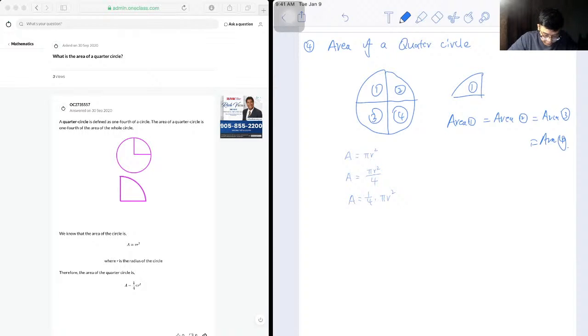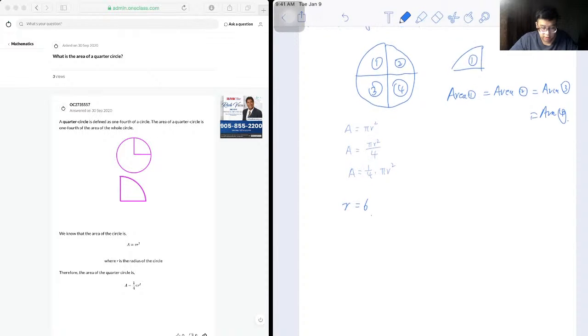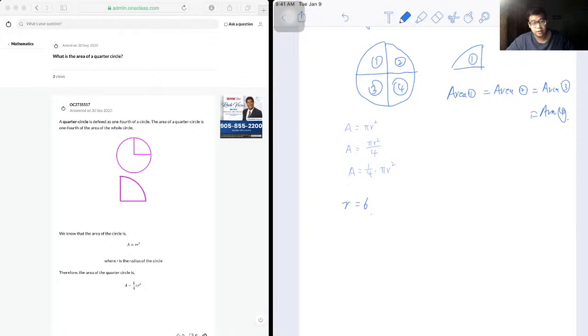So if we have, let's say, a radius of 6, and they ask us to find the area of the quarter circle.